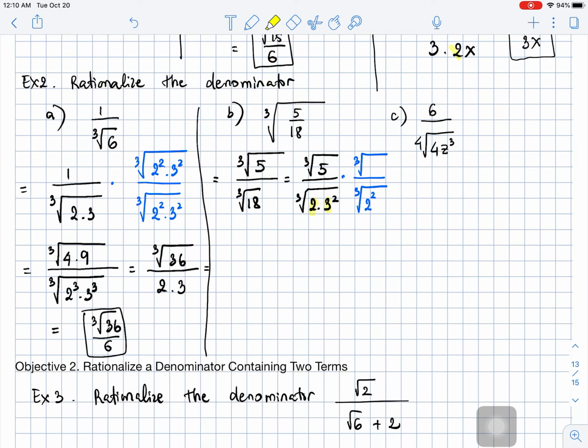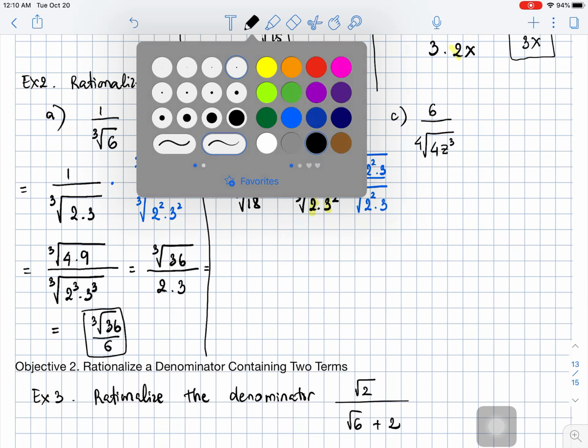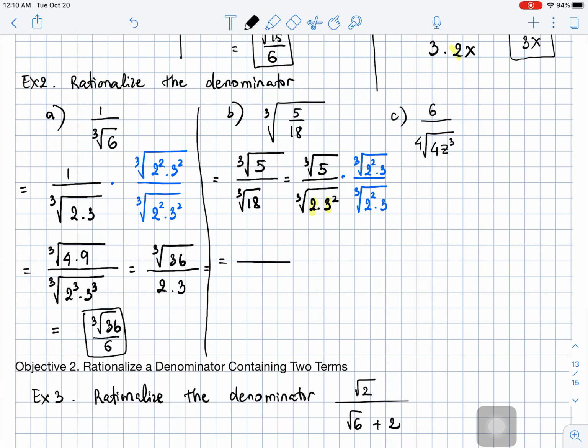It's going to be cube root for top and bottom. So the total is 3 because that is the cube root. Now for 2, you have 1, so we need to multiply by 2 squared so that the total is 3 of the 2. For 3 squared, this means 3 and 3.